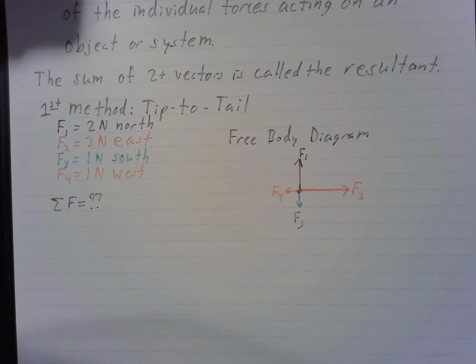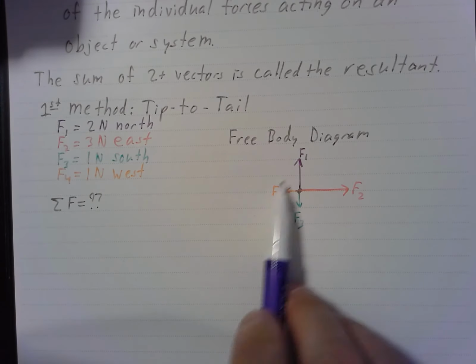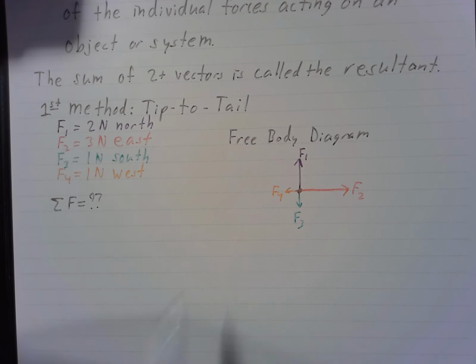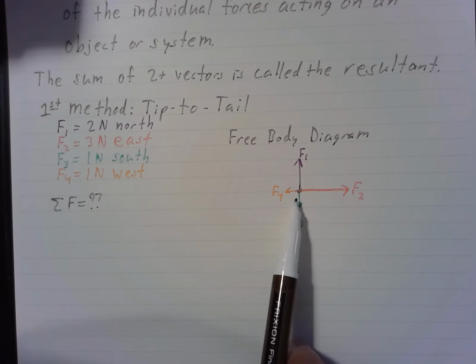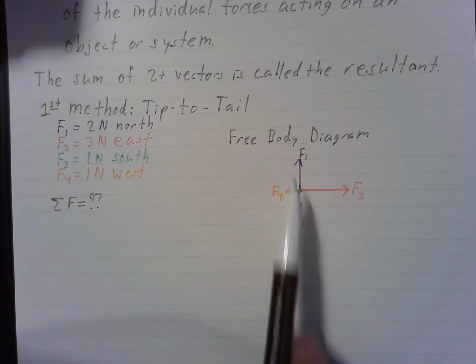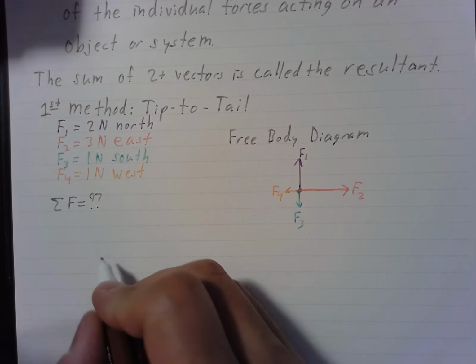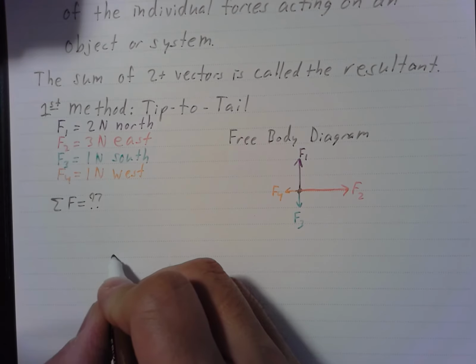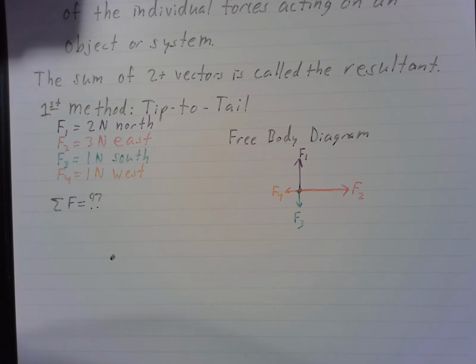So I have four forces. I've numbered them in the order I plan on adding them together. To start the tip to tail method, you pick a location in space. I see that the right and up arrows are the longest, so I'm going to start here so that I have plenty of space up here.